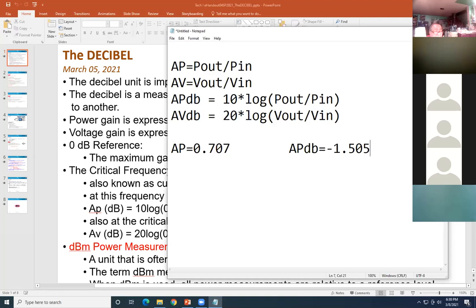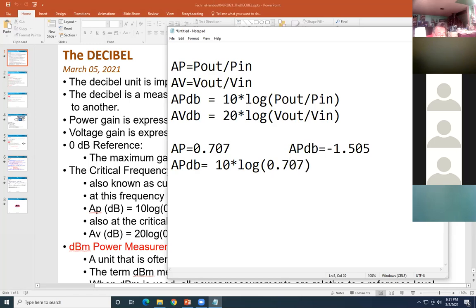Okay, what you need to do, basically, you can say AP in dB, decibel, equals 10 times log of 0.707.